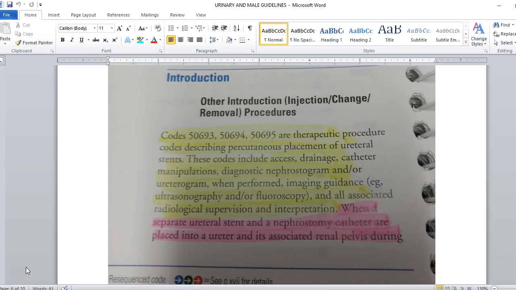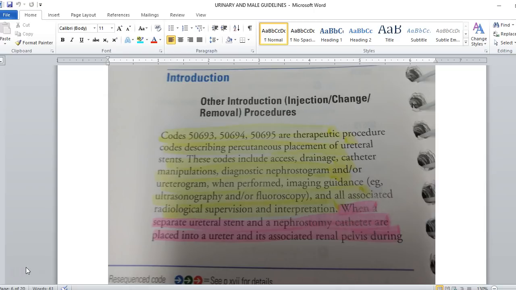So we have to remember that these codes are dealing with placement and changing in new accesses of all of these different types of stents. So codes 50603, 4, and 5 are therapeutic procedures describing percutaneous placements of ureteral stents.